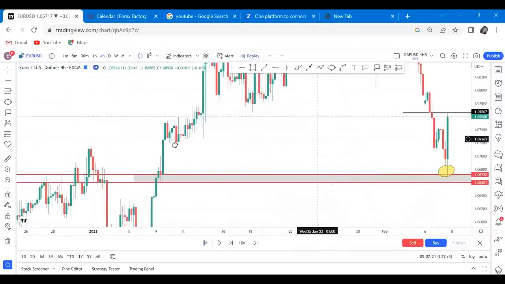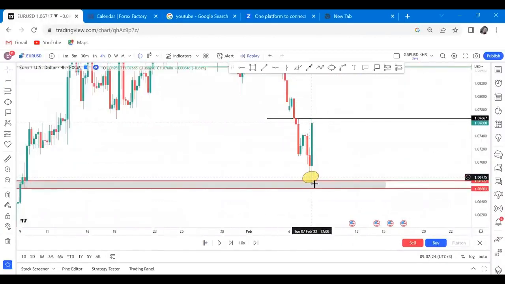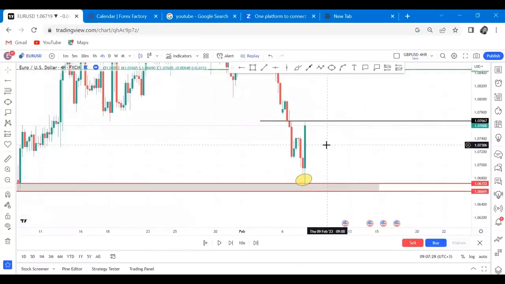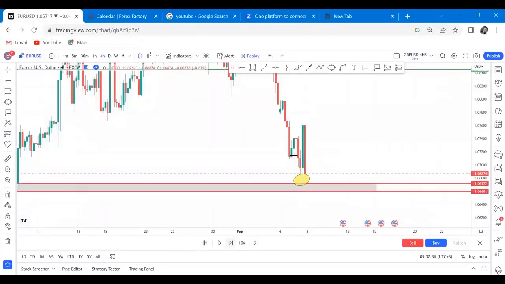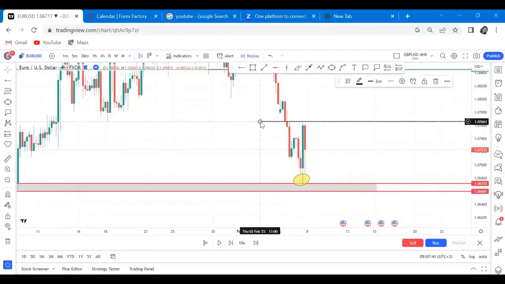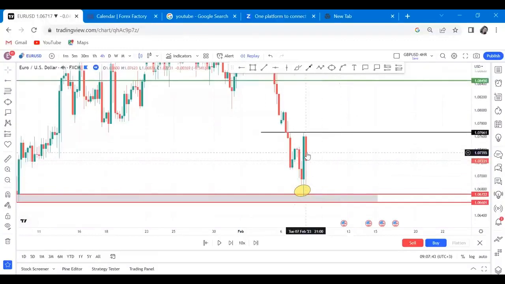So when the market tapped this zone, the candle was very huge. So we were just waiting for a red candle so that we can know that is a resistance. As we were waiting for the red candle, you can see we got the red candle and we had our resistance. So in my mind, I was thinking, if I need to enter this market, what do I need to see? I need to see that resistance being broken. It's not about 4-hour, we don't do WBB, because if it is WBB, we would have entered.